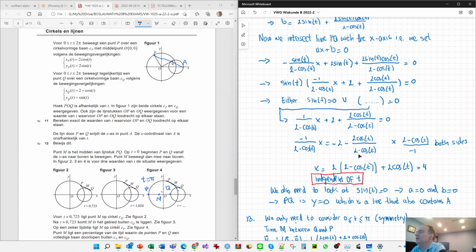And the nice thing here is this 2 minus cosine t drops, so you get just a plus 2 times cosine t. And now we say that this has to be equal to 4.